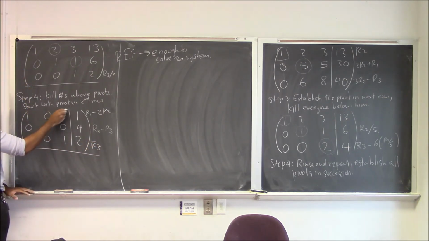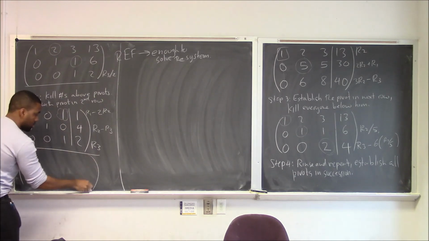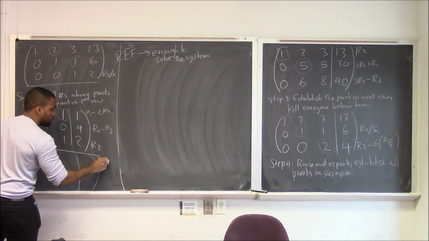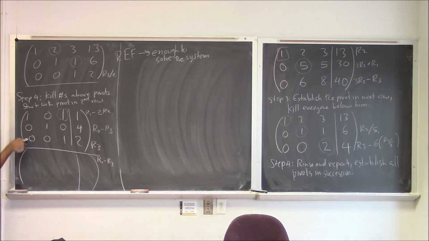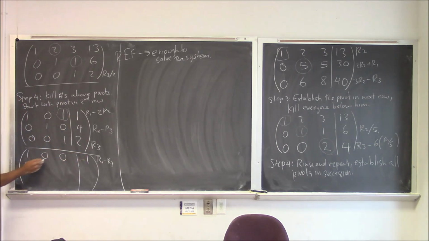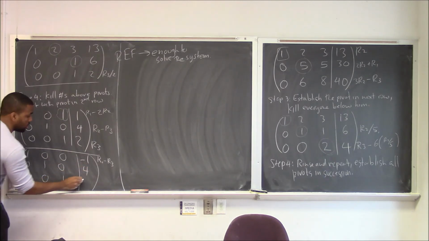Now the only problem is this guy here. So I can just do one more step: take row 1 minus row 3. This minus that, 1, 0, 0, minus 1, 0, 1, 0, 4, 0, 0, 1, 2.